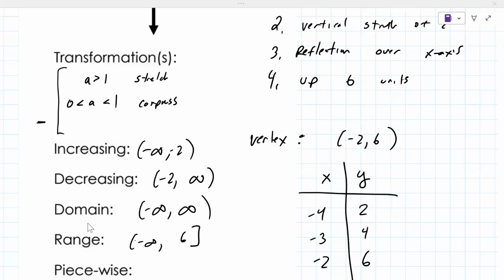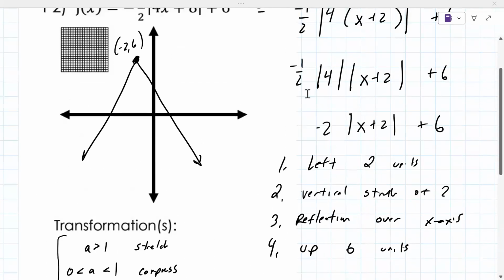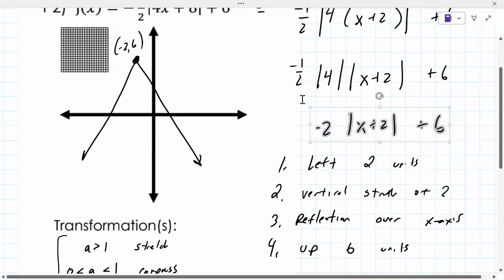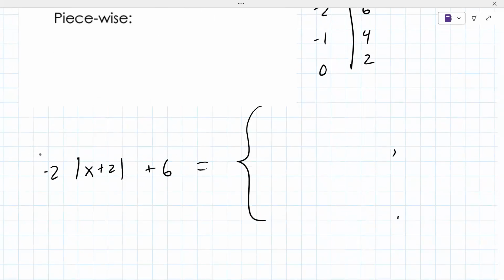So then the piecewise, we talked about that from yesterday. You really got to figure out, okay, there's the break. So -2 times the absolute value of x plus 2, plus 6.